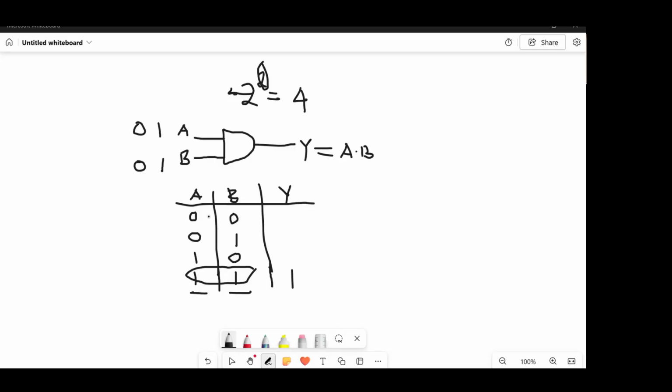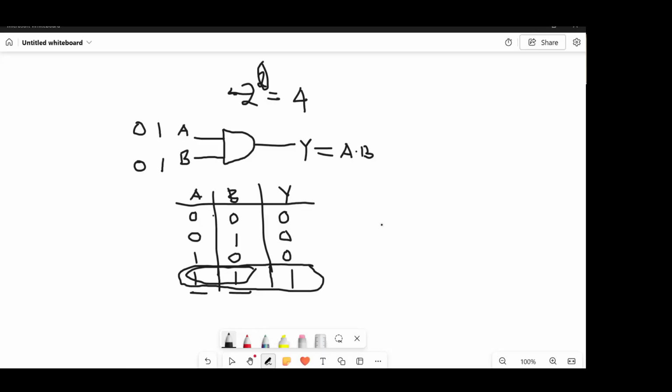So 0 and 0 will give us 0. 0 and 1 would give us 0. 1 and 0 will give us 0. We would only get true as the output when the inputs are all equal to 1.